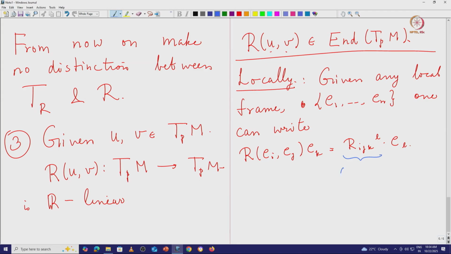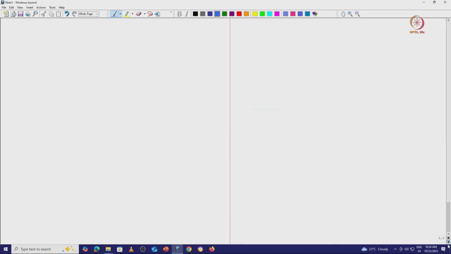These are called the components of the Riemann curvature endomorphism with respect to this local frame.